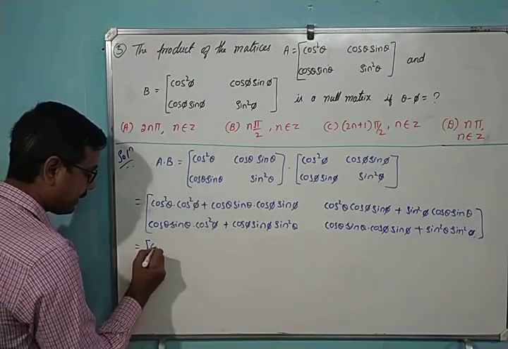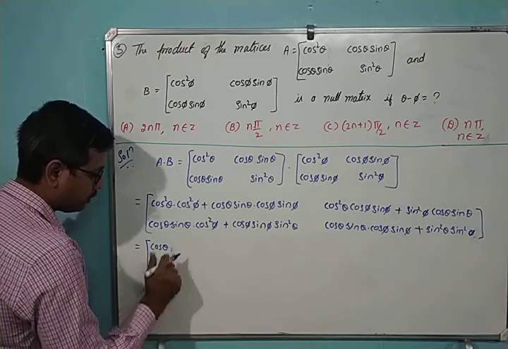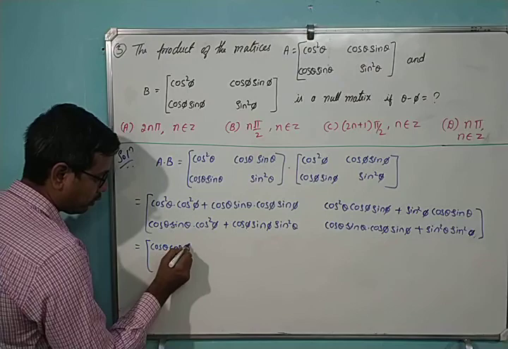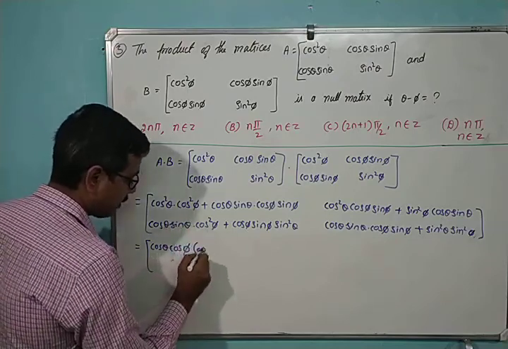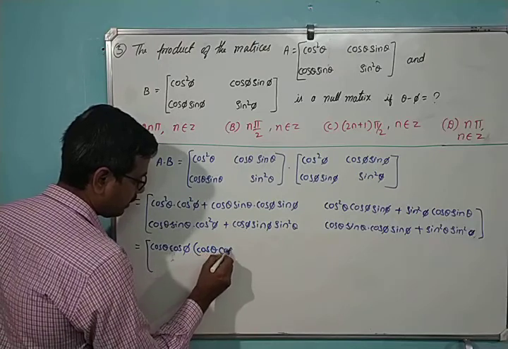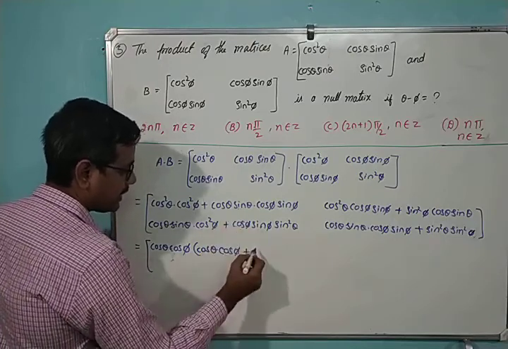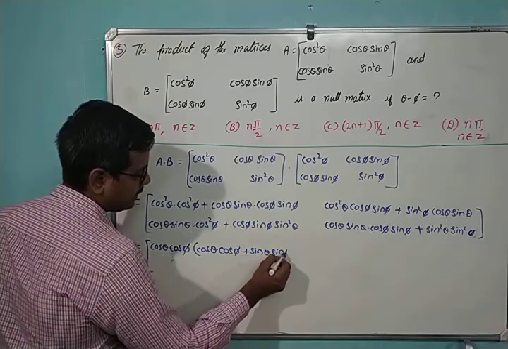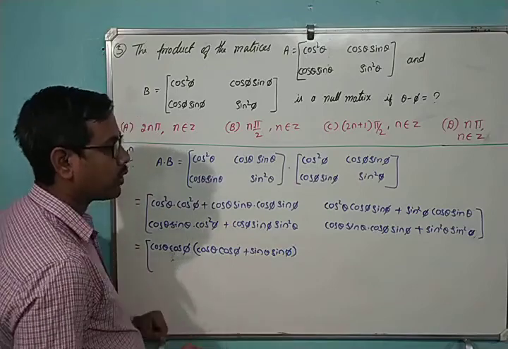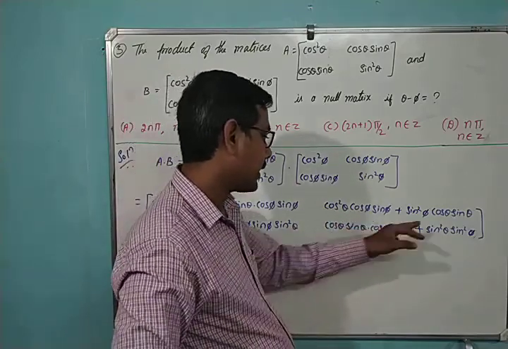If I take cos theta cos phi as common, what will remain inside? Cos theta cos phi plus sin theta sin phi. Okay, and coming to here, here I am having cos^2 theta, here I am having cos theta.